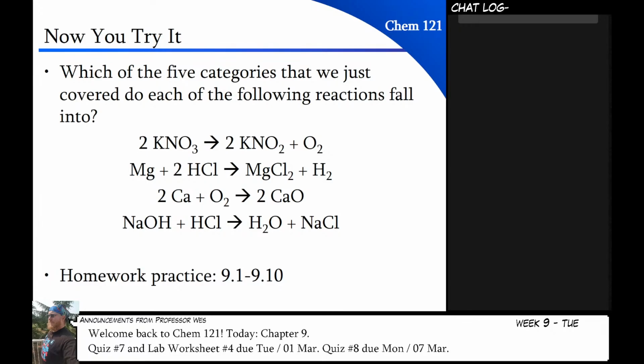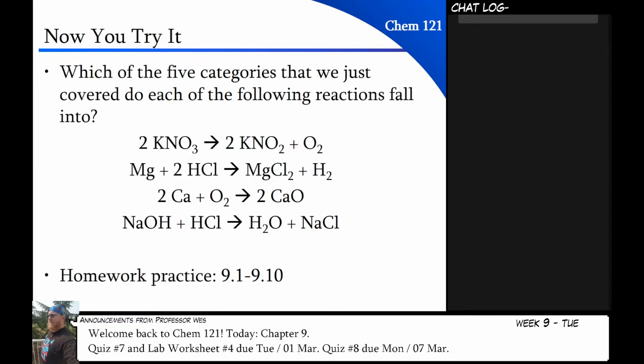We finished chapter 8 yesterday and we moved on to chapter 9. We very briefly introduced the 5 types of reactions in the section that we are going to study. There are other types of reactions that we will cover in much more detail in upcoming sections.